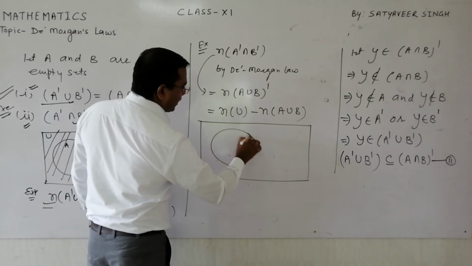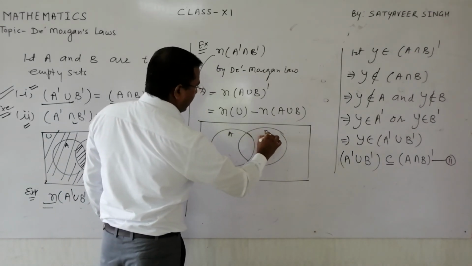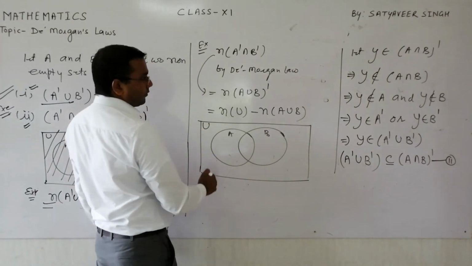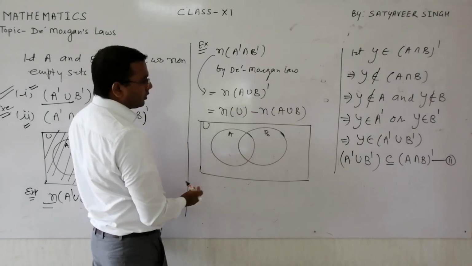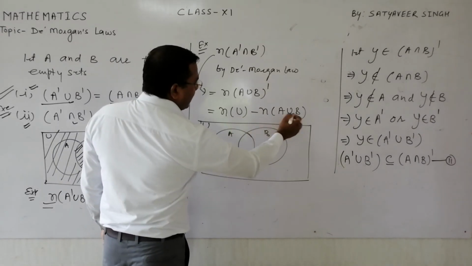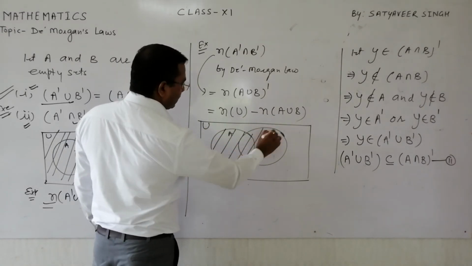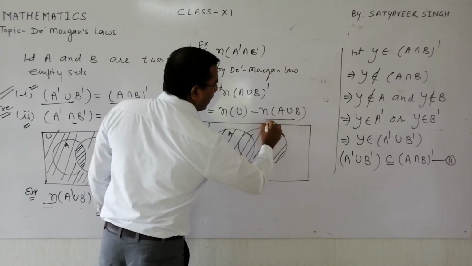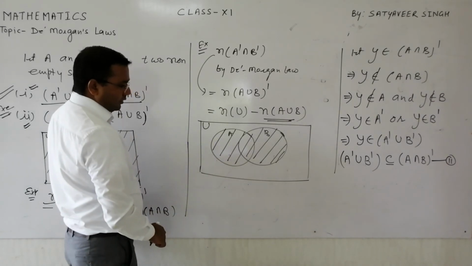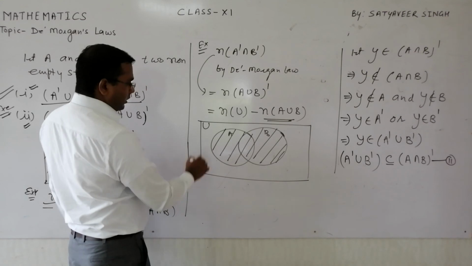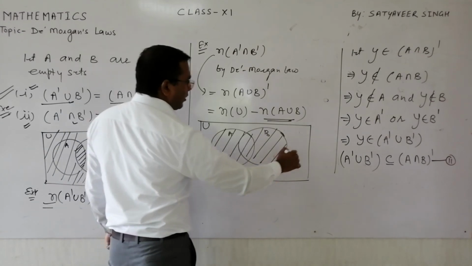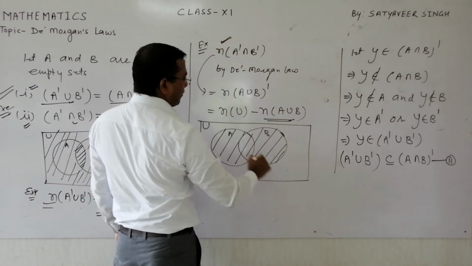Here, these are the two sets A and B. This is the universal set, and we are calculating A union B whole complement. Means we are subtracting the elements which represent A union B from the universal set. These vertical lines I am drawing represent the number of elements which belong to this particular set.